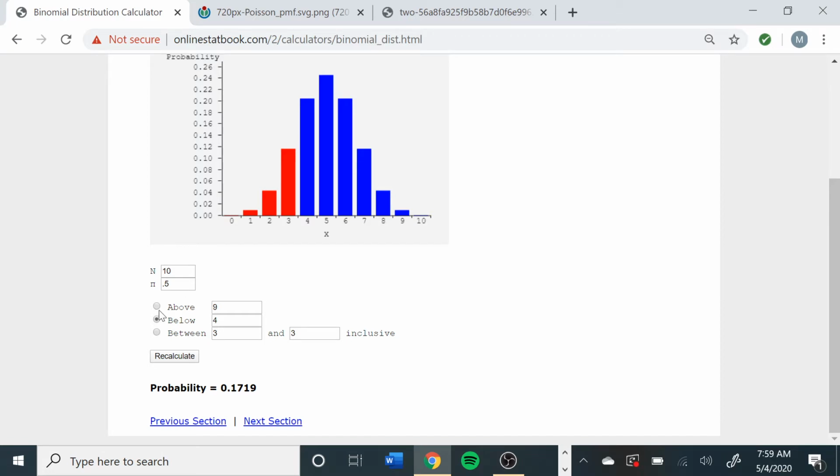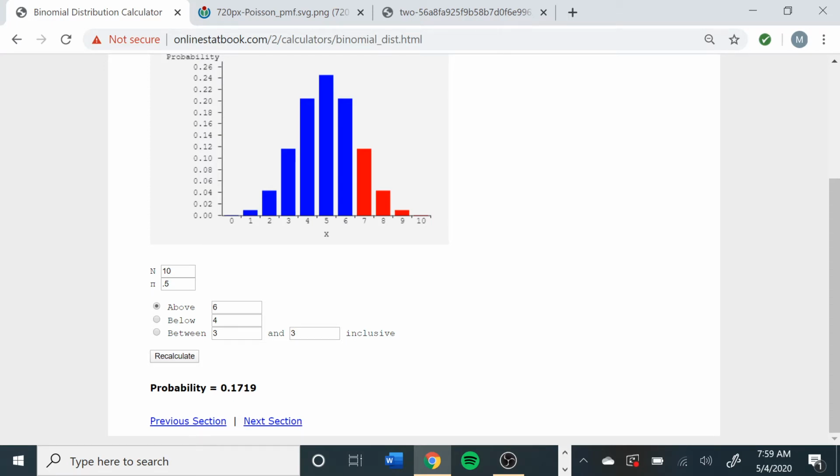So the best thing to do would be to find first what is that area, right? And then add it to the area on the other end. So we would need above, I guess, 6 to get the other end, all right? So if we wanted to know the probability of getting extreme scores, like really low scores and really high scores, we would need to add those two.